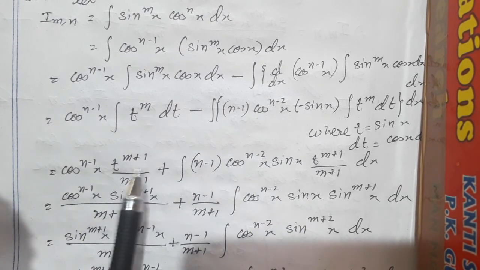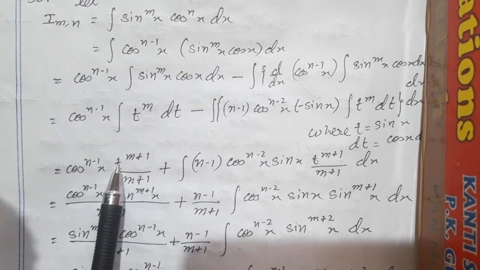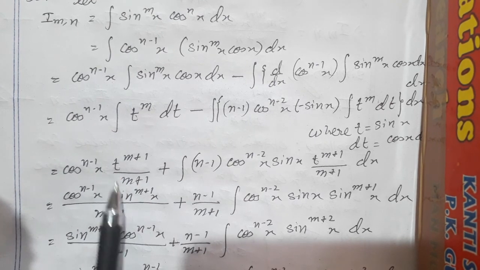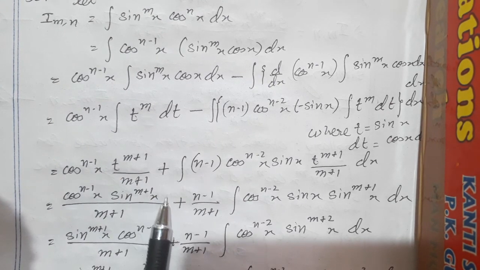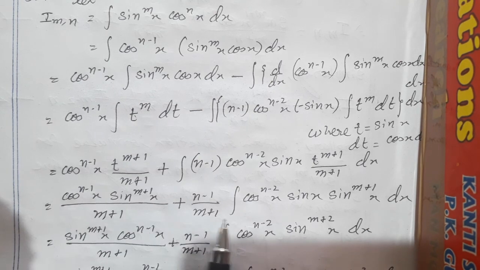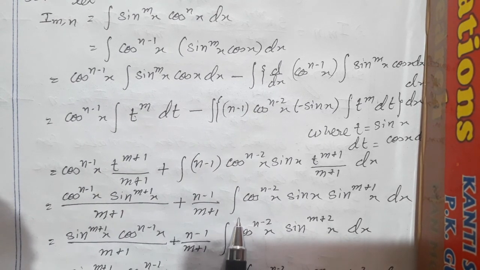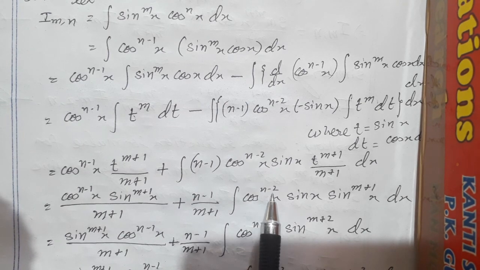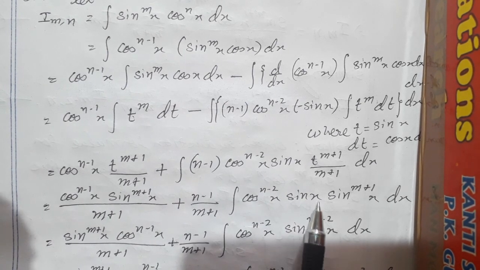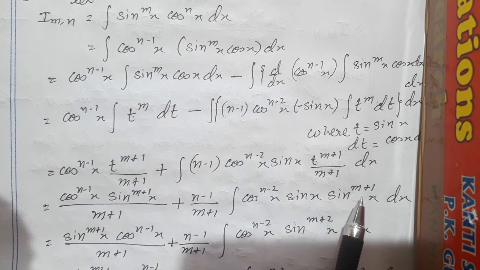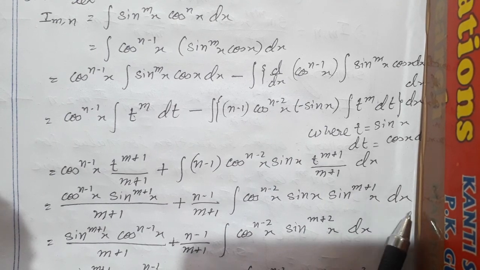Now you replace t with sin x, so we get sin^(m+1) x by (m+1), plus (n-1)/(m+1) times the integration of cos^(n-2) x sin x into sin^(m+1) x dx.